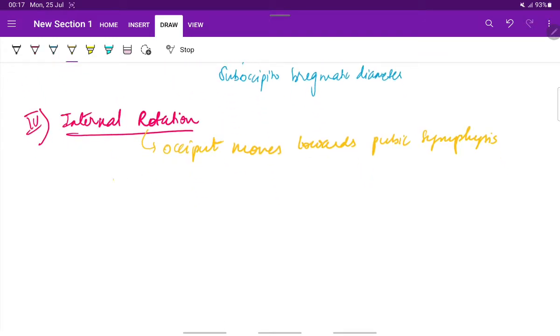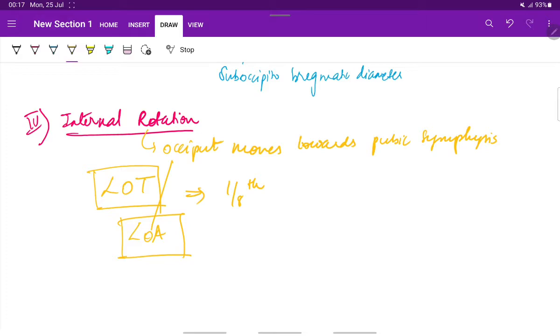Normally, as the head is in left occipito-transverse position or left occipito-anterior, the head rotates 1/8 of the circumference to get into the anterior position, that is, it comes under the pubic symphysis.